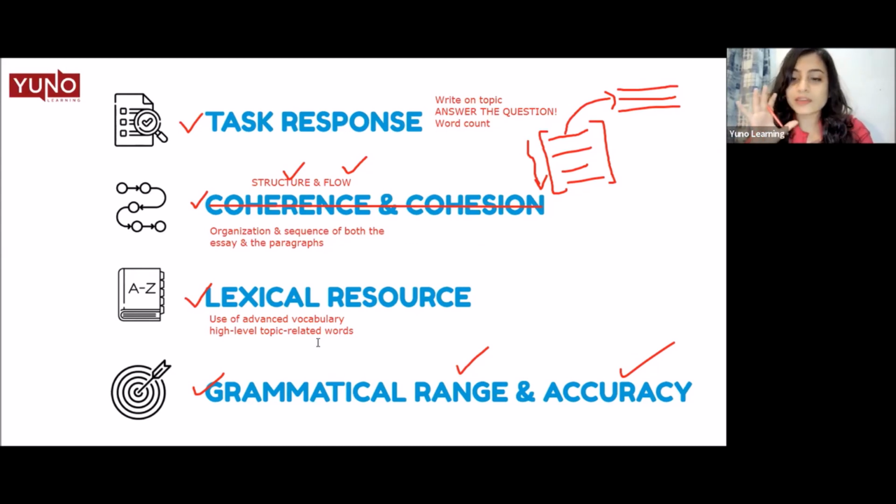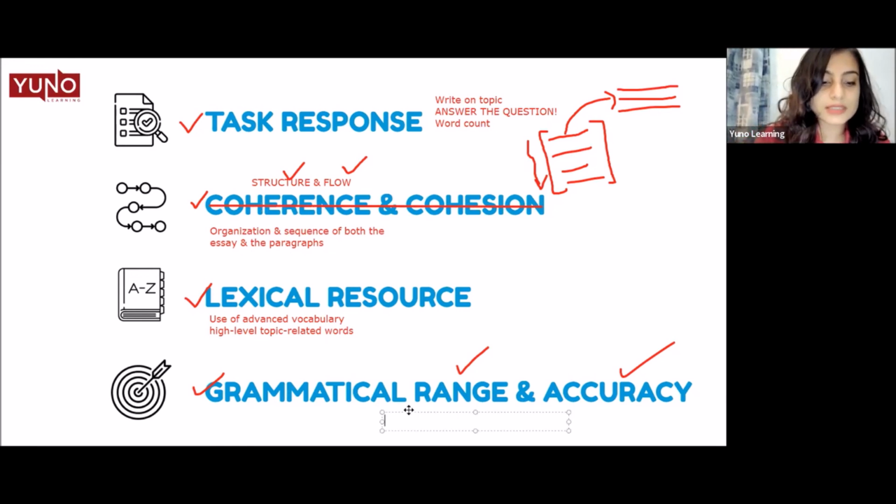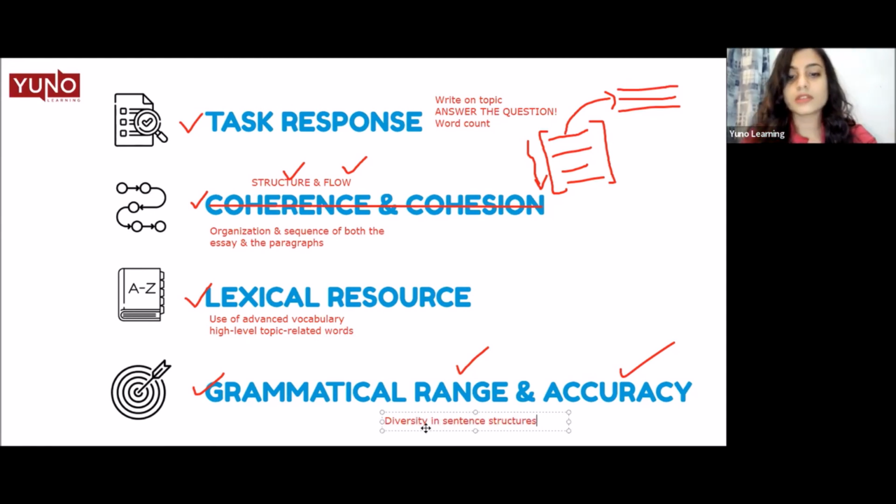And as far as grammatical accuracy goes, it's about the correct tenses, the correct voices, the correct punctuations, capitalization errors should not be there, and so on. So it's related to the precision and the accuracy of the grammar of the language itself. So let me write this down. Range refers to the variety of sentence structures.